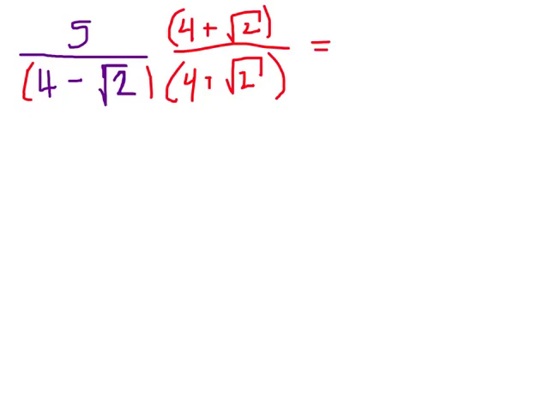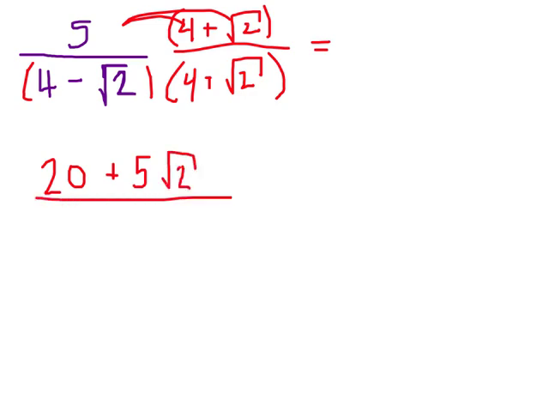So what you end up doing is distributing the top and the bottom. We end up with 20 plus 5 square root of 2 over 16 minus 4 square root of 2 plus 4 square root of 2 minus 2.